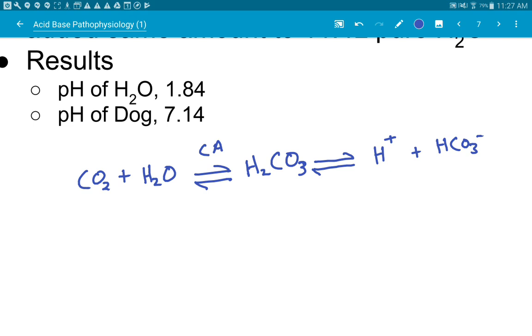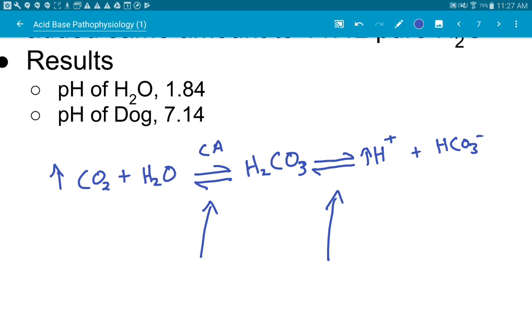Here's the thing that I would really pull away from this. The more CO2 I have in my blood, the more hydrogen ions I have in my blood. You see how I have those little reversible arrows? You remember, what does that mean from your chemistry classes when you have those reversible arrows? It goes either way.